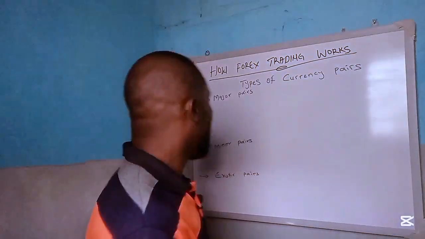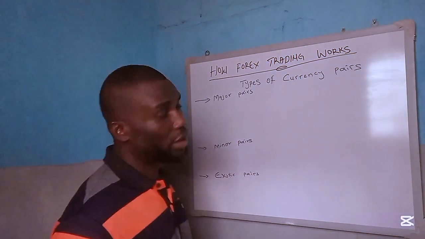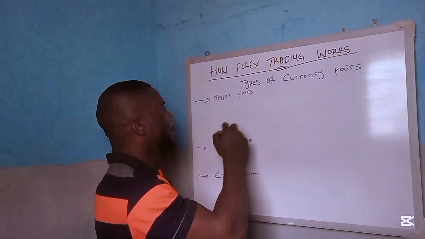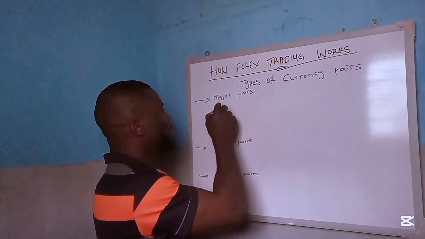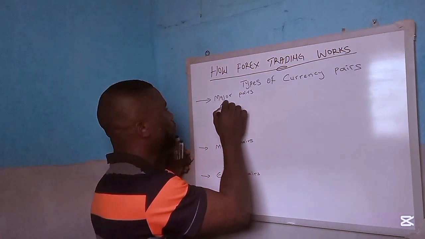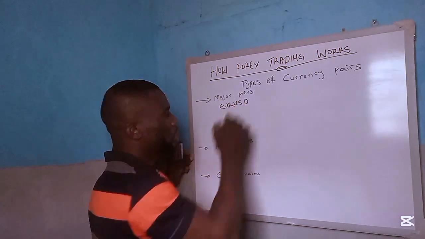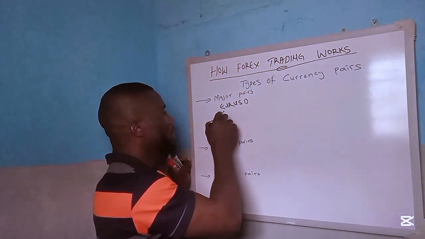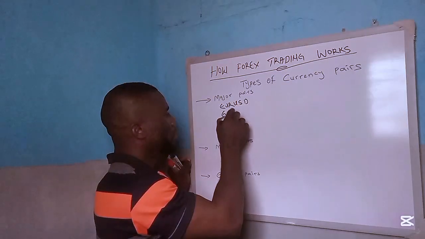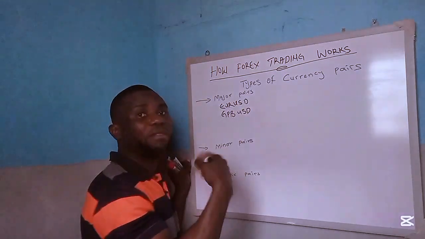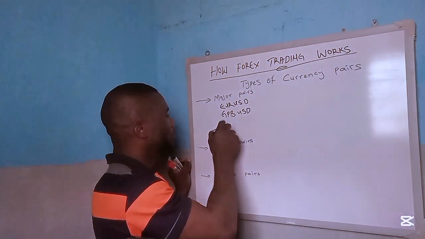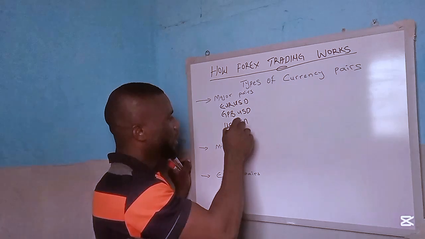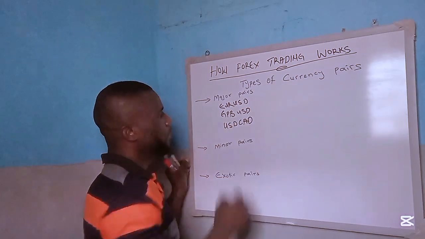So let's do this. Major currency pairs, for example, we have the Euro USD. Euro USD is a major currency pair. You have the GBP USD. You have the USD CAD, and so on and so forth.